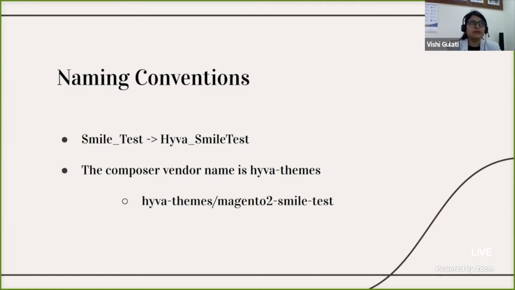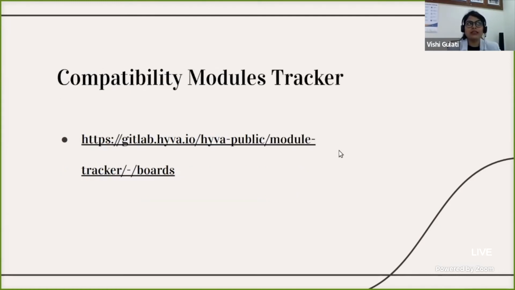And the best part is that they are providing a compatibility module tracker where everyone can go and check, okay, if I want to use XYZ extension, is the compat module available or not. If it is available, you can use it. If it is not available, you can create it and help others as well. So for helping each other, it's the best place and you can utilize it very well.